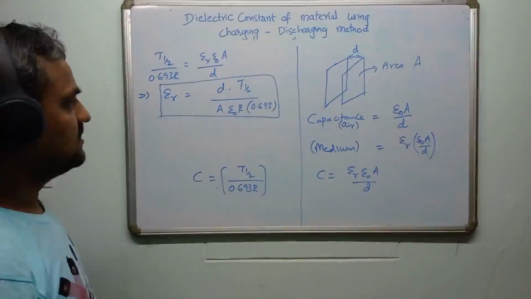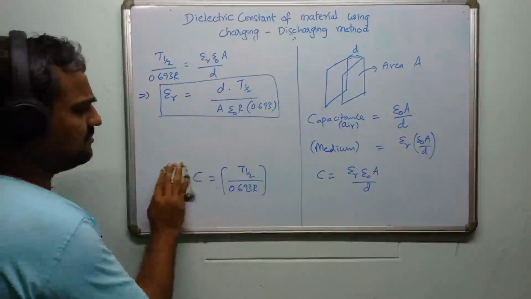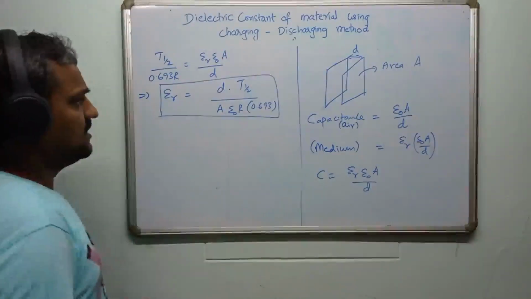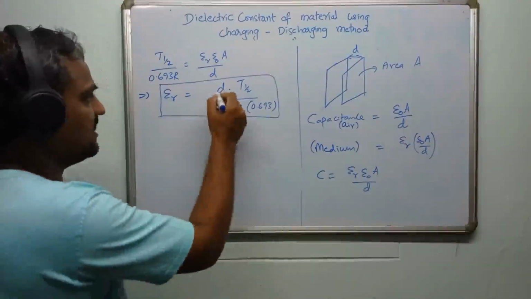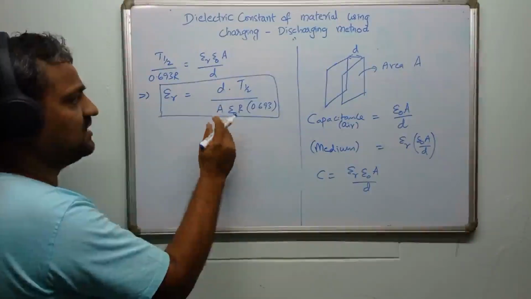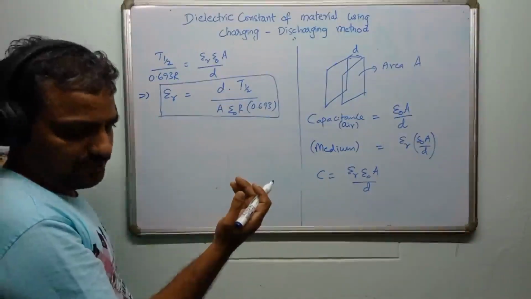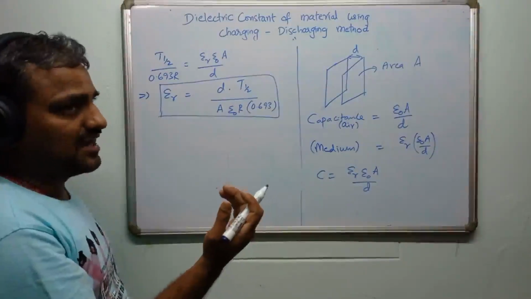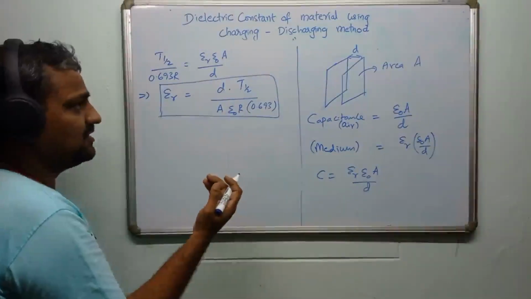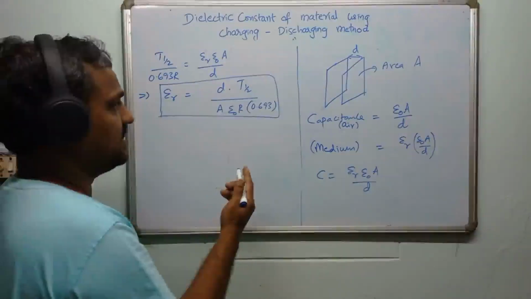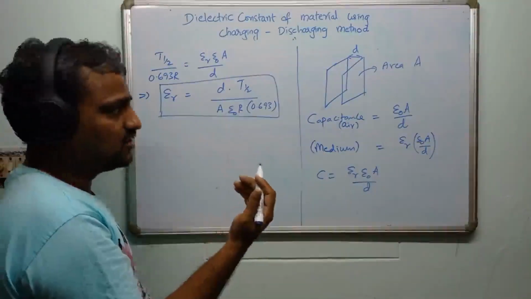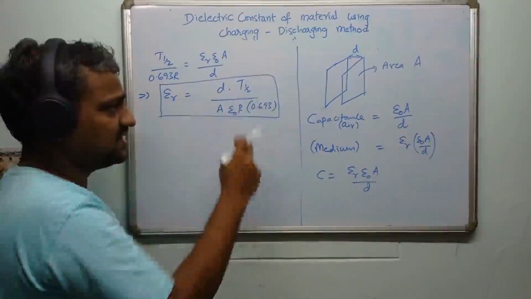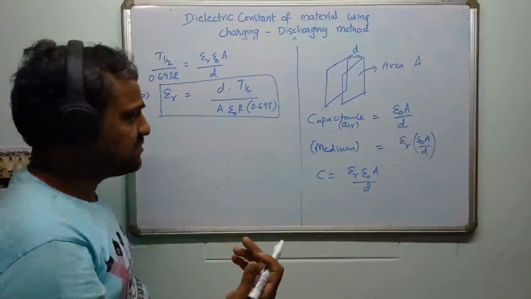So this we can easily determine by performing an experiment. Why? Because d and A are not experimentally measurable by us; they should be supplied by the manufacturer of this capacitor, and we depend on the data sheets. So d and A are available from Google, and T half is what we are going to determine using the experiment.